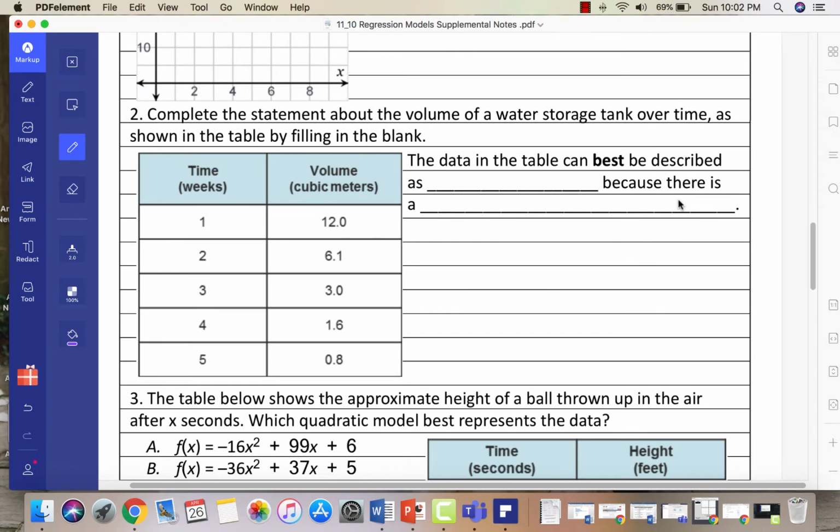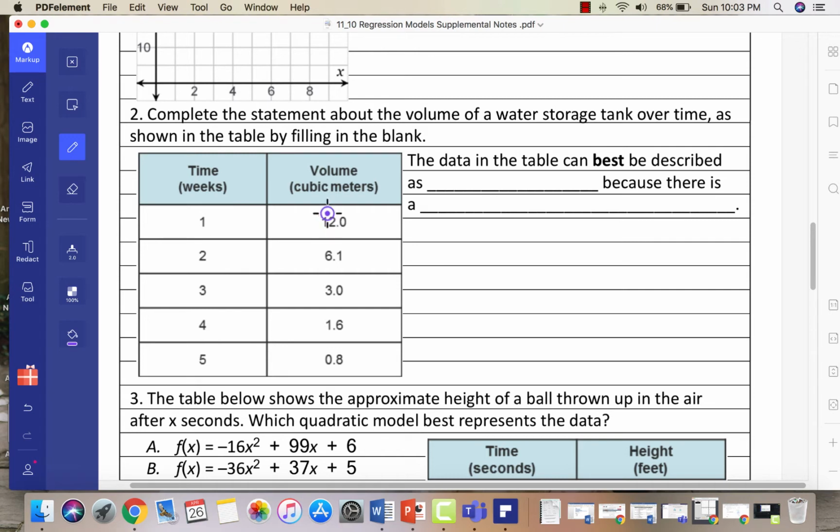Complete the statement about the volume of a water storage tank over time as shown in the table by filling in the blank. So it says the data set in the table can best be described as blank because there is blank. All right, so we can look at this data set without putting it into the regression calculator and determine what type of data it is.